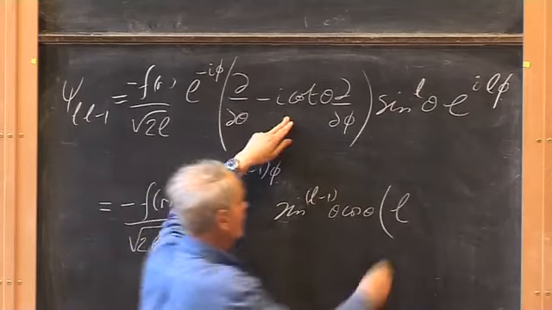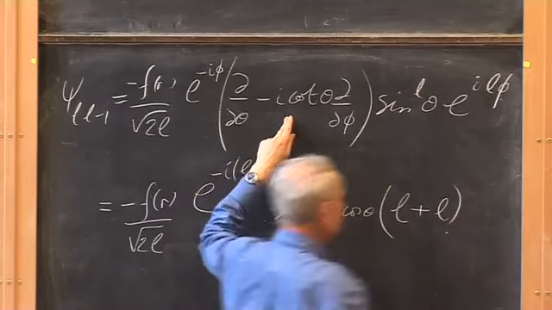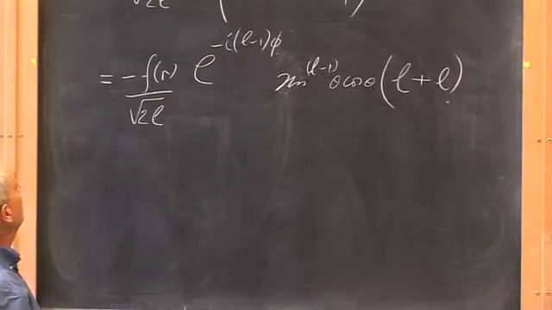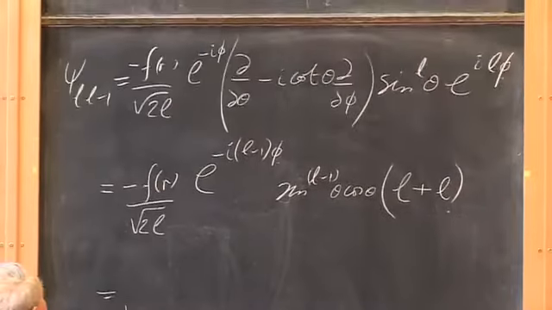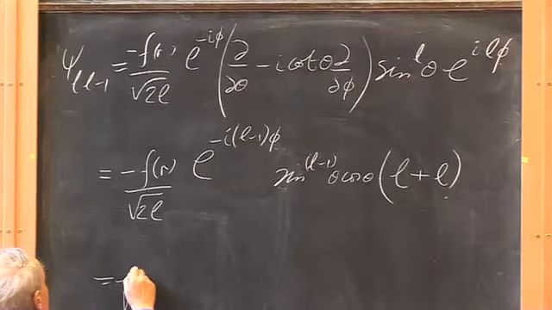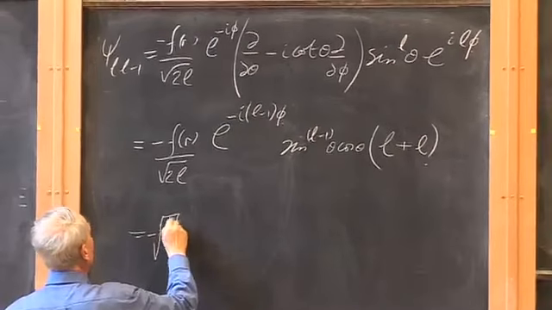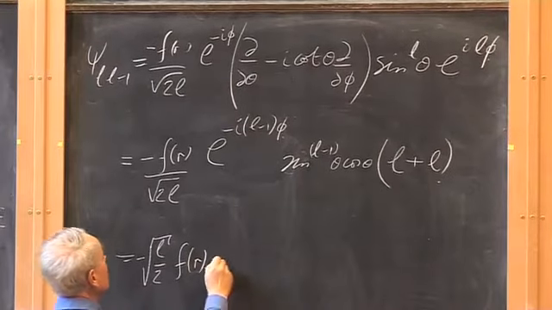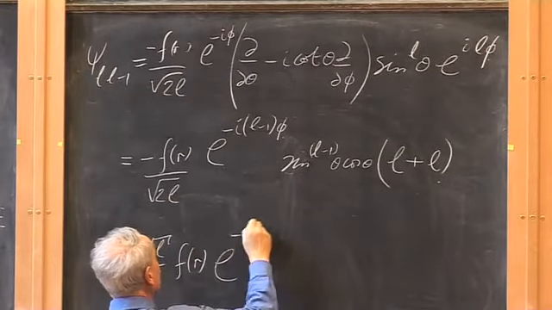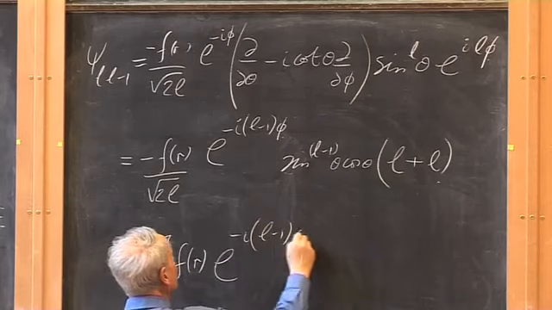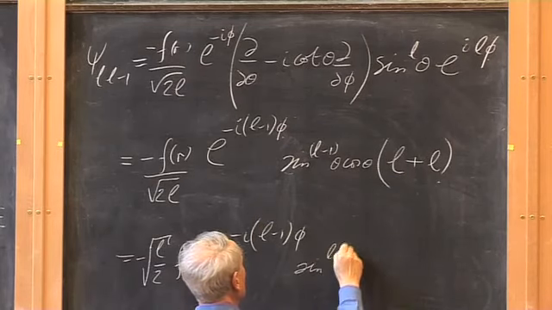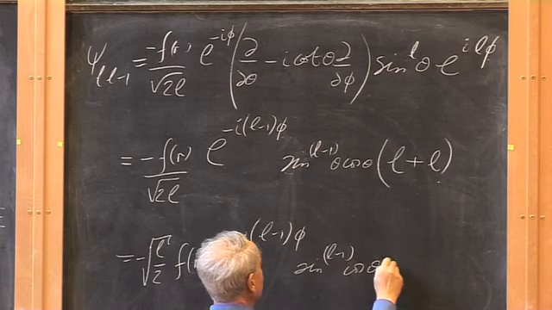They will cancel, so I think it'll be plus another L of the same stuff. So you see that we have something like minus the square root of L over 2, whatever your unspecified function of radius was, e to the minus i L minus 1 phi, times sine to the L minus 1 cosine theta.